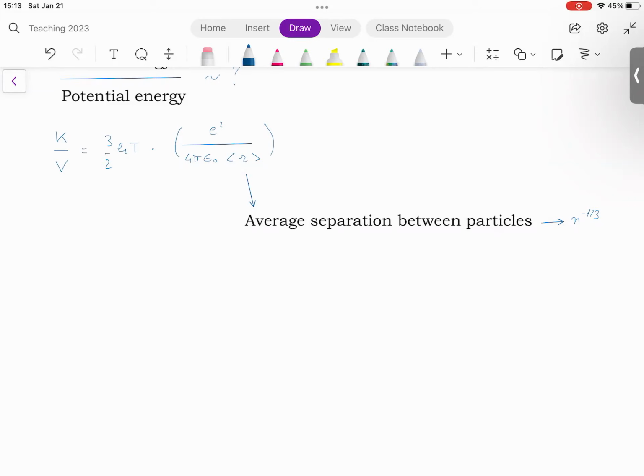So I'm not going to do too much additional work on this, but let's see, it's not that terribly difficult.